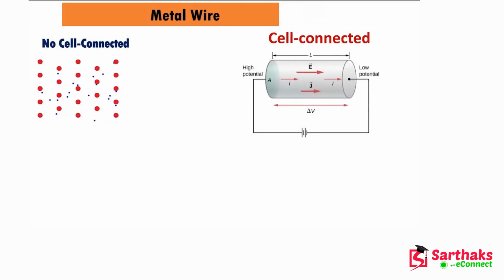Okay, so this is a metal wire. Let's suppose this is a wire of metal. It has lots of free electrons, but they are moving randomly. They are aligned randomly. For example, this is moving in this direction, and this is moving in that direction.